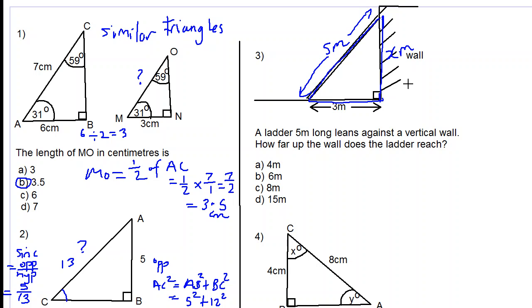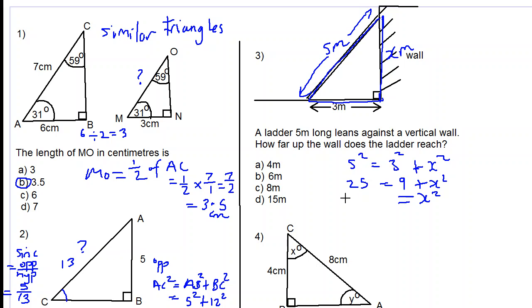Again we use Pythagoras' theorem, and we can say that 5 squared is equal to 3 squared plus x squared, where x is the missing length. 5 5s are 25, 3 3s are 9, plus x squared. We subtract 3 from both sides.